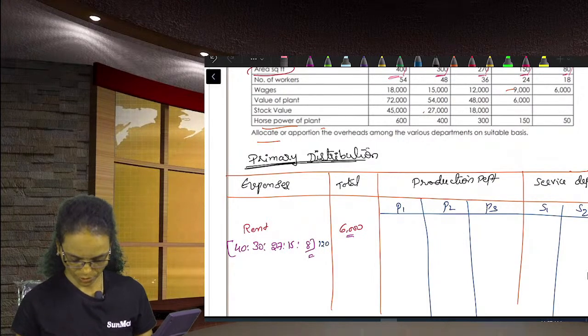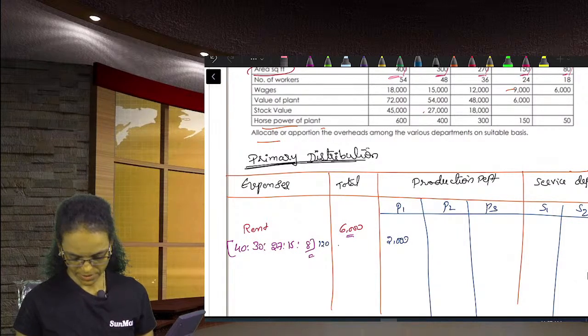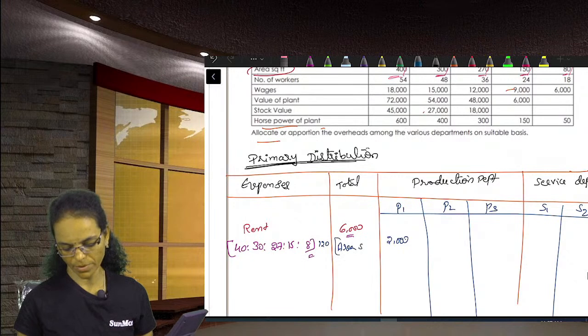Take the calculator. 40 plus 30 plus 27 plus 15 plus 8 is 120.